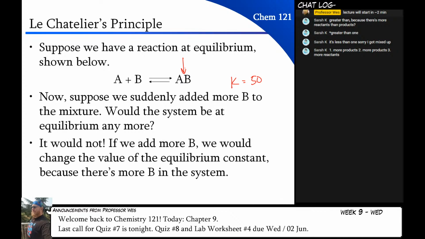So what ends up happening is when B is added, the value of the equilibrium constant, quote unquote, technically changes for that moment. In fact, we actually give it a new name. It's called Q. But that's a 163 topic that we're not going to really explore in this class.